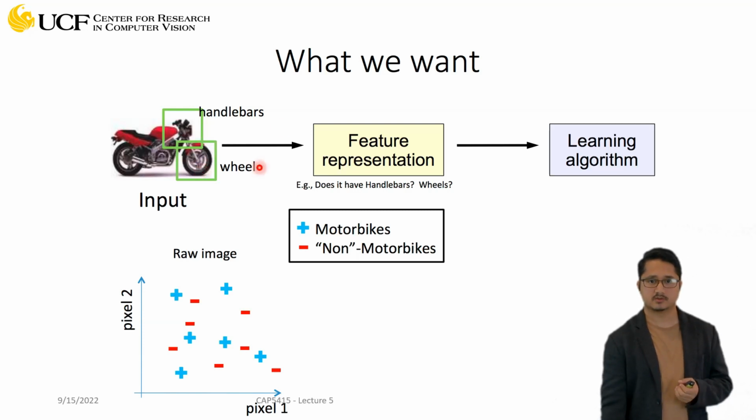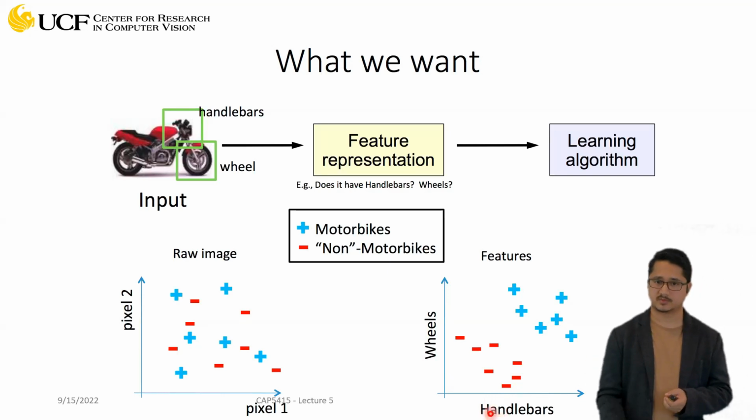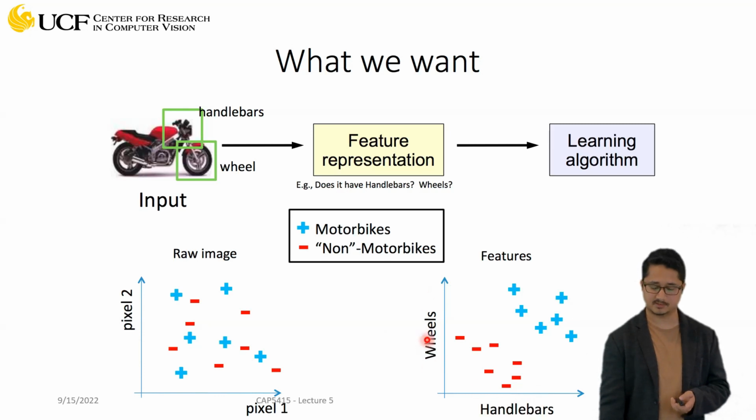So let's say our feature representation is focusing on these concepts. Now, instead of each axis representing a pixel, the axes represent these concepts. Let's say the x-axis is handlebar and the y-axis is wheels.